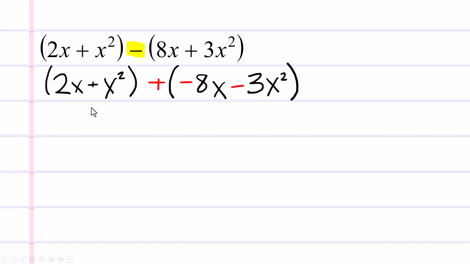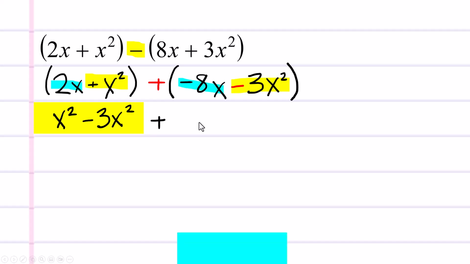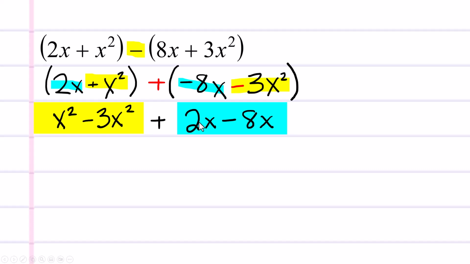Now we're going to put together our like terms. So this one is going to be x squared minus 3x squared, and then we'll add, because I changed that to a plus, but because I adjusted all the signs of everything that came after it, it's going to work. Mathematically, it's the same.